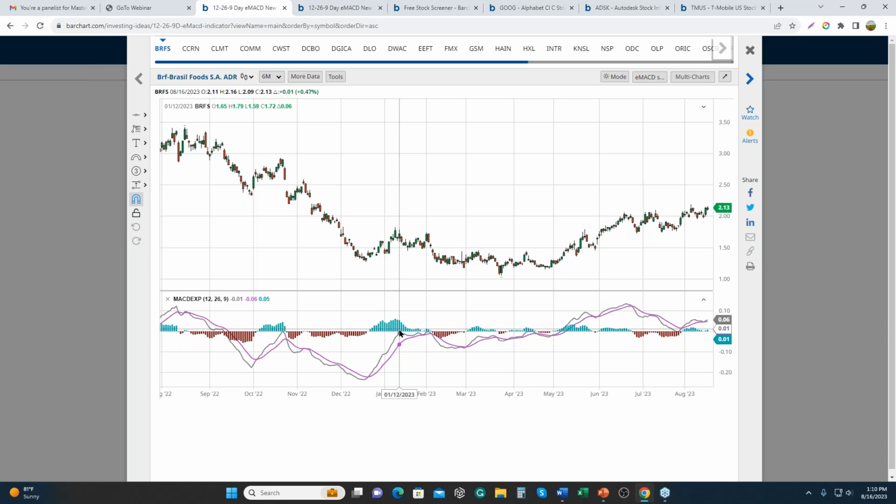Now, the histogram can also alert us of potential price momentum because of this MACD, and sometimes it will be in advance of what the signal and MACD lines can confirm for us. In other words, we might see a positive price momentum before we get the confirmation that we're in an uptrend, and that's typically when both our signal line and our MACD are above the 0 line.